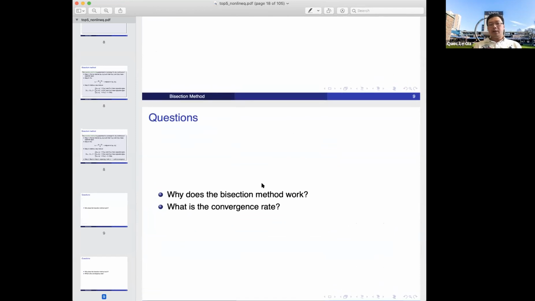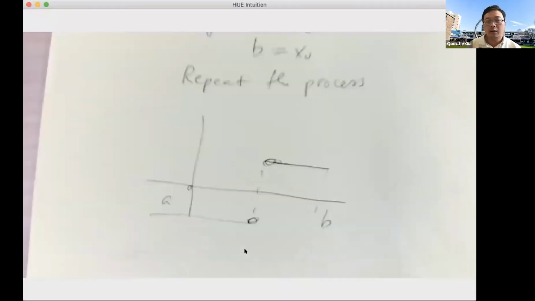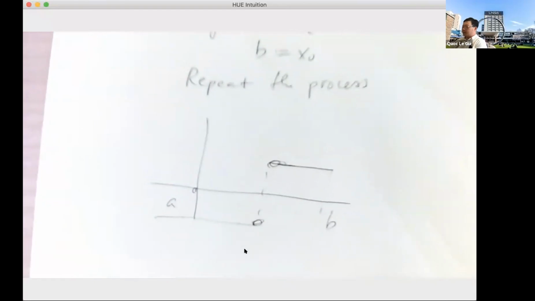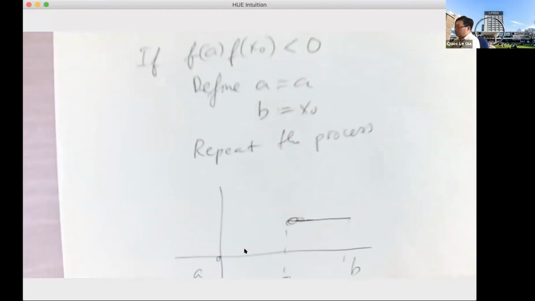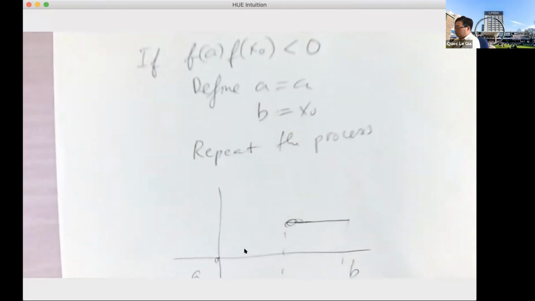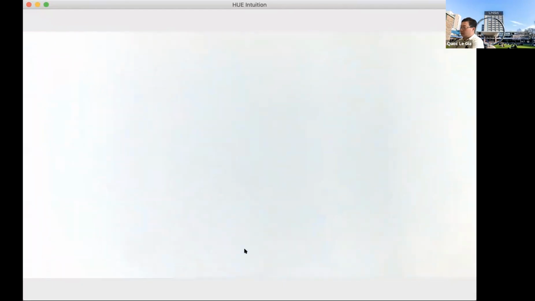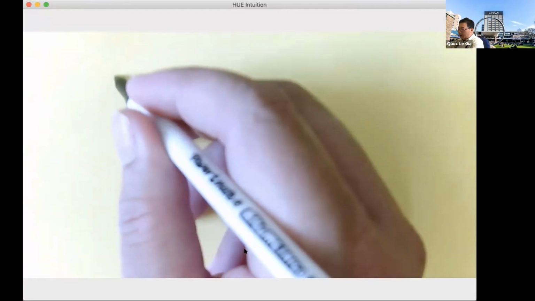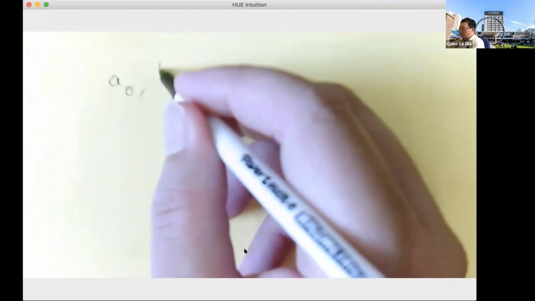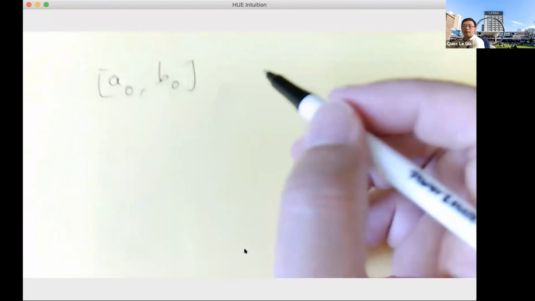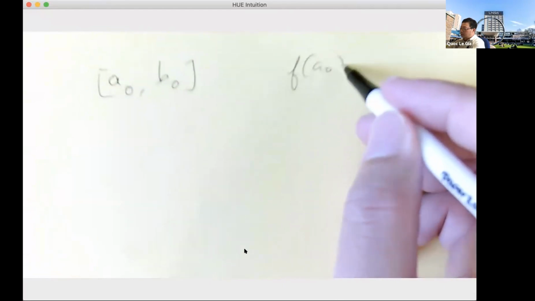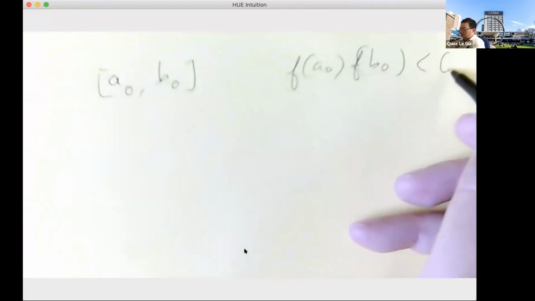So the convergence rate is, you remember we have a_0, b_0 as the initial interval, where f(a_0) times f(b_0) has opposite signs.